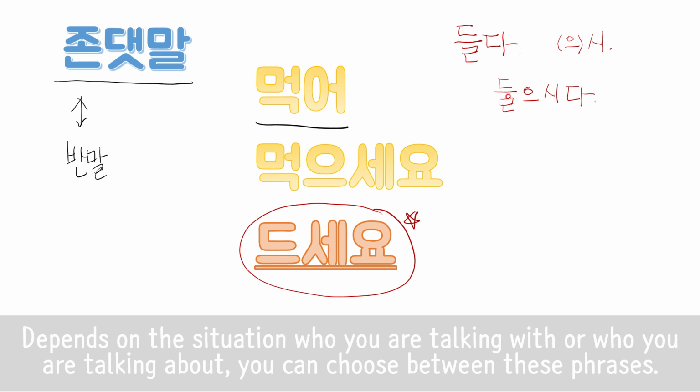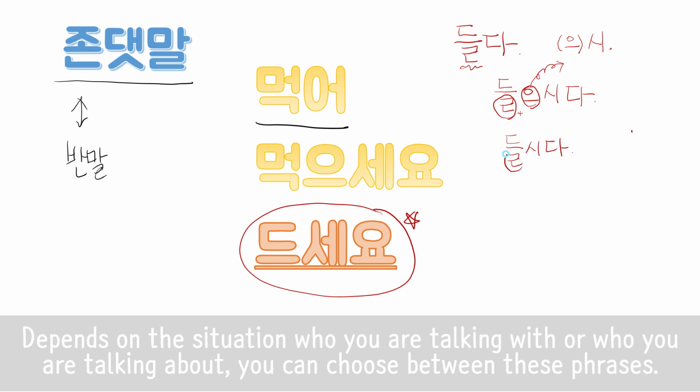Because there is 받침, you add 으시. And then when there is 리을 and 시옷, the 리을 disappears suddenly. And then the remaining one is 들, 시, 다.